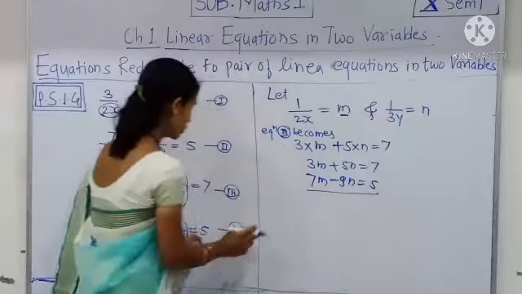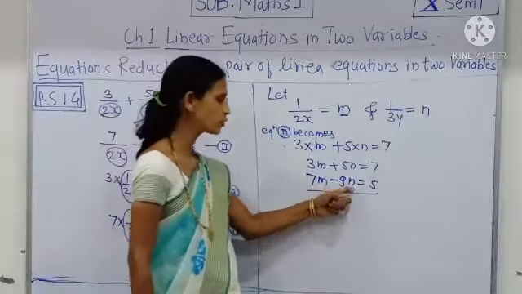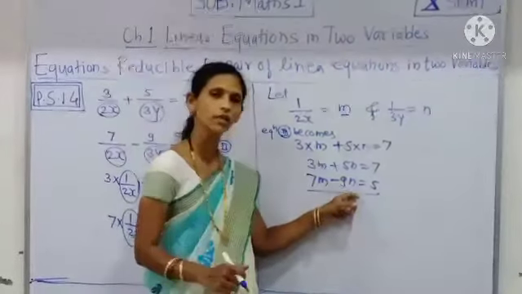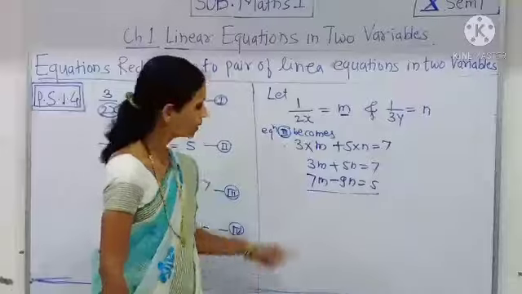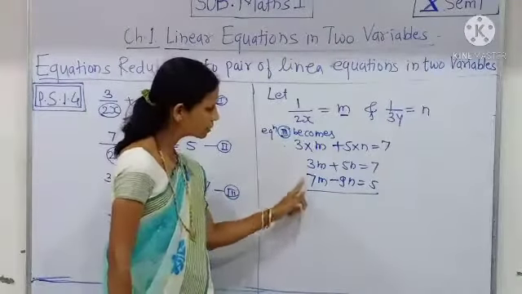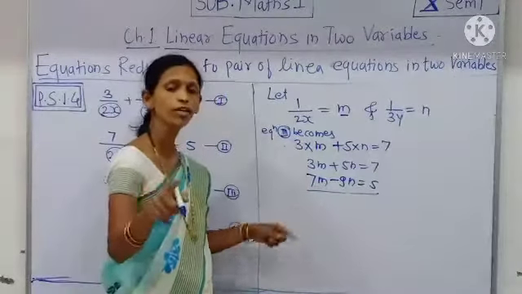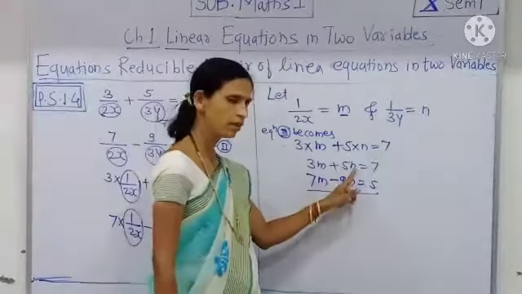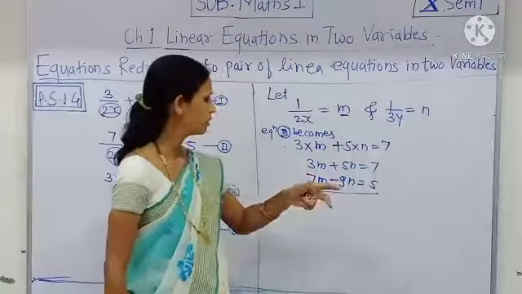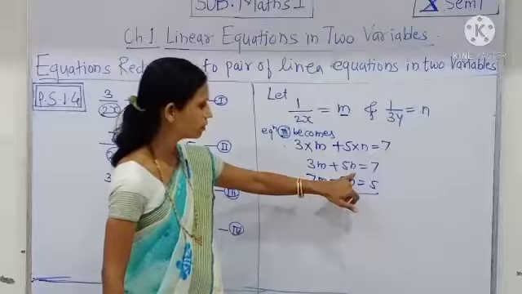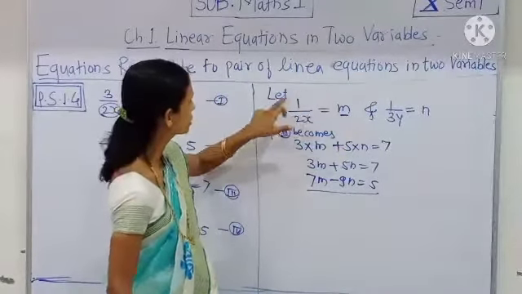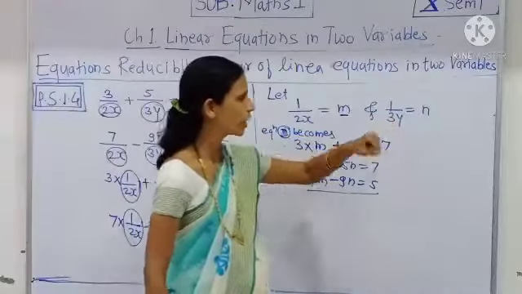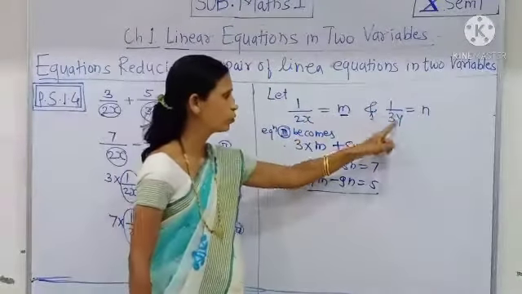Then equation 4 also becomes a linear equation in 2 variables. Then we can solve these simultaneous equations to find the values of m and n. When the values of m and n are obtained, they are substituted into these equations to find the values of x and y.